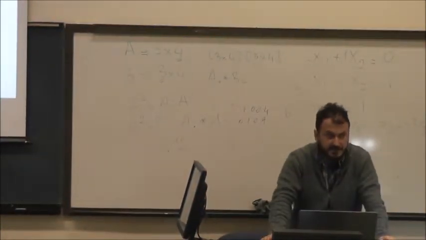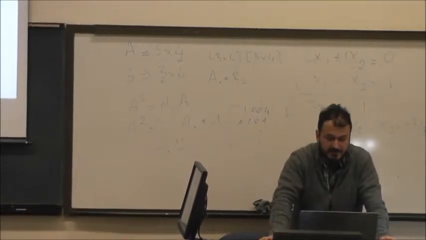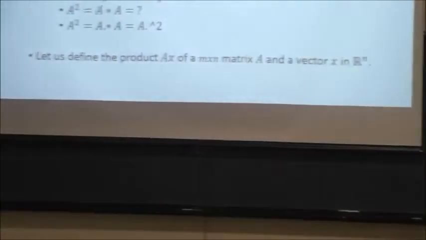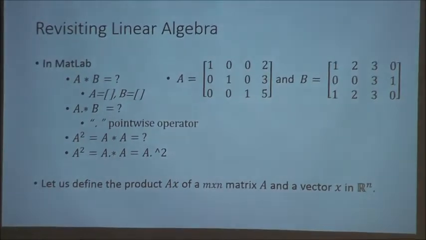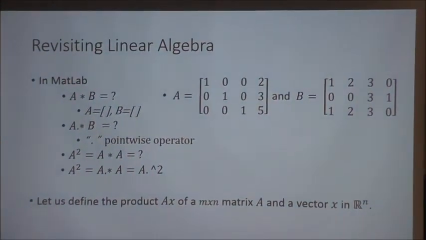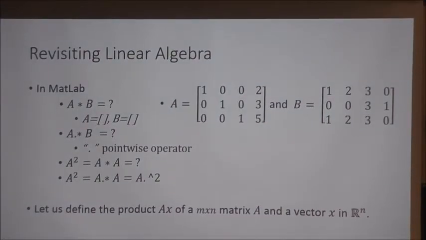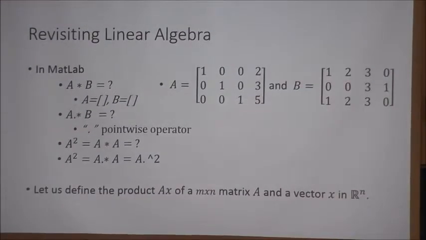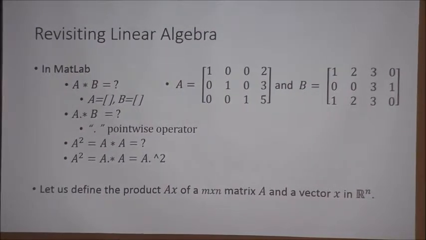Okay, based on these introductions, let us define the product Ax of an m by n matrix with a column vector x. Okay? Because what? I say Rn. So x should be a column vector.